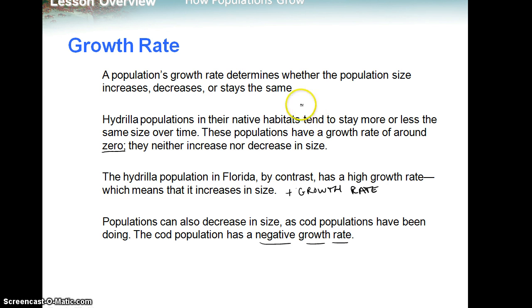So here our population size is staying the same. So same is going to have a 0 growth rate, and increasing is going to have a positive growth rate, and decreasing is going to have a negative growth rate.